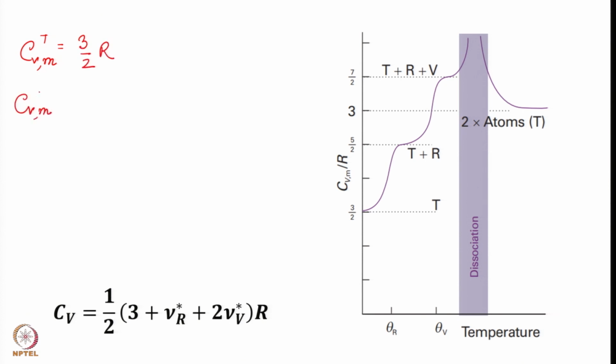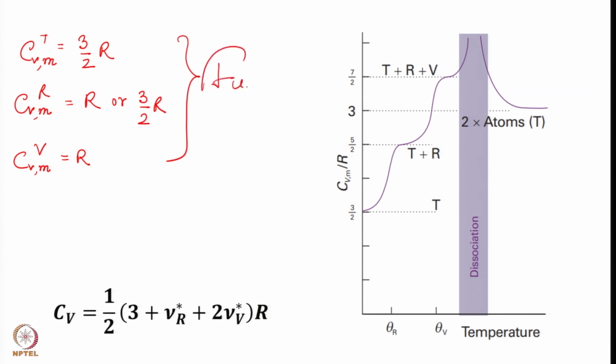CVM rotational is equal to R or 3/2 R. CVM vibrational is equal to R for each mode, and this is possible if all modes are fully active.